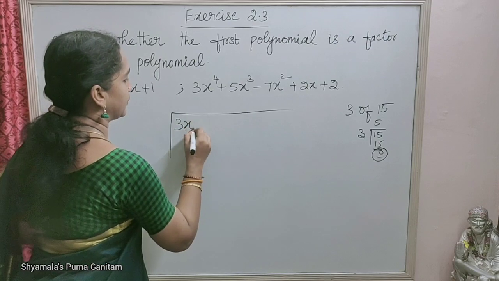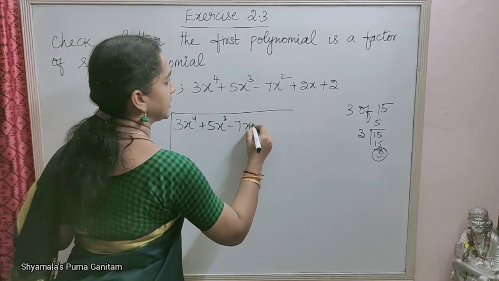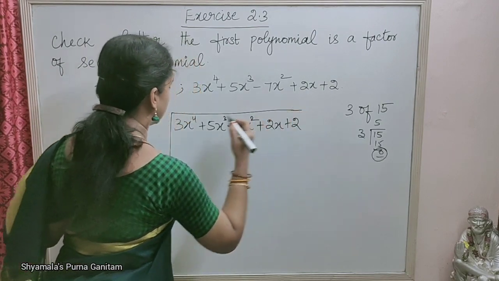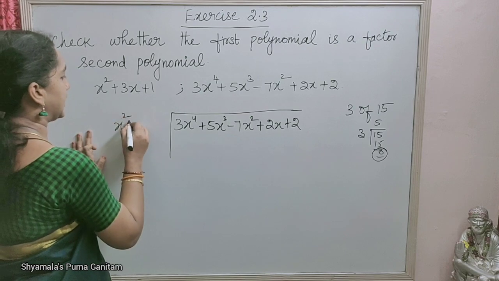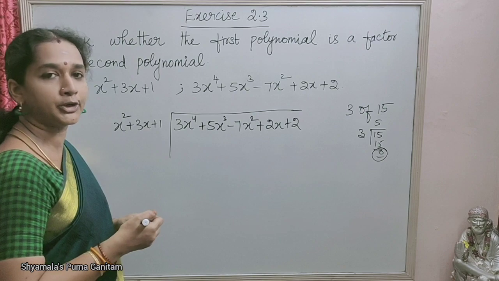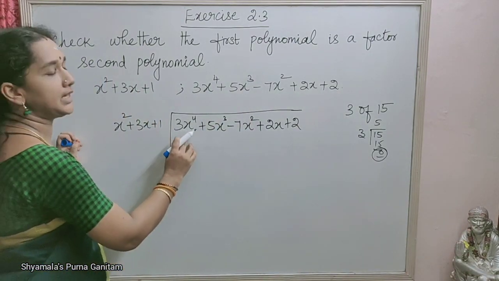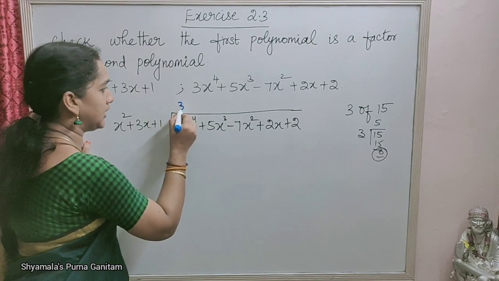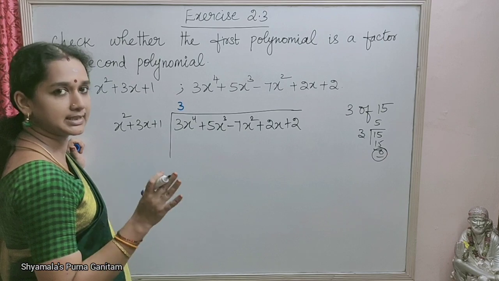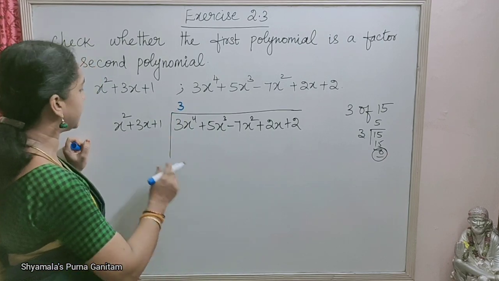So 3x power 4 plus 5x cube minus 7x squared plus 2x plus 2. This one we are going to divide by x squared plus 3x plus 1. This division I already learnt in class 9, so I am not explaining in detail, directly I am doing this one.